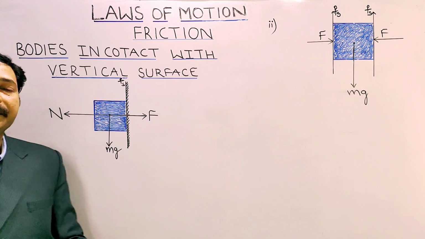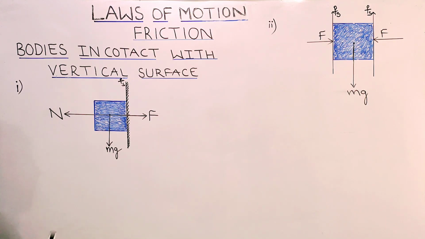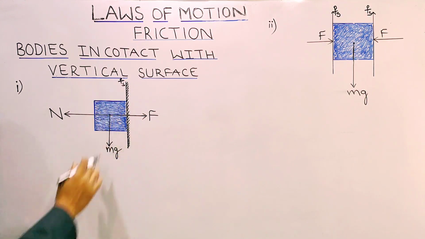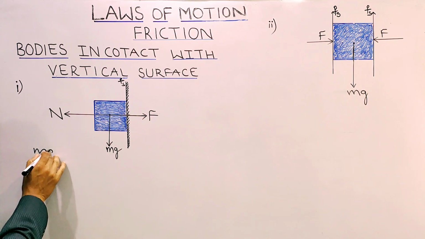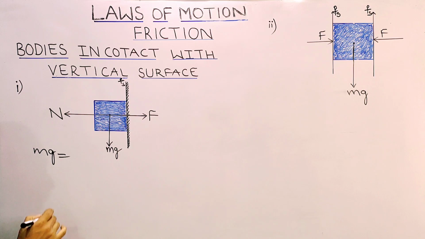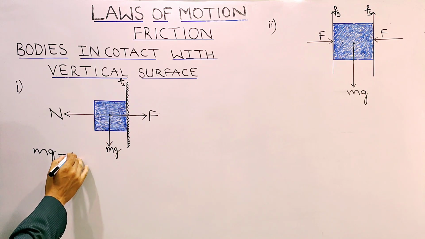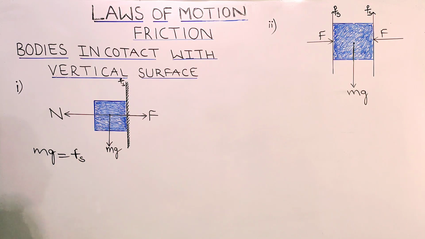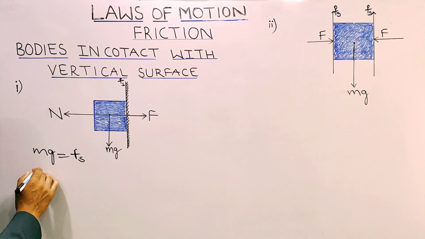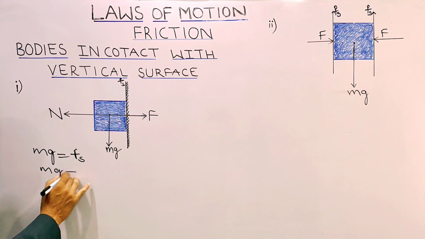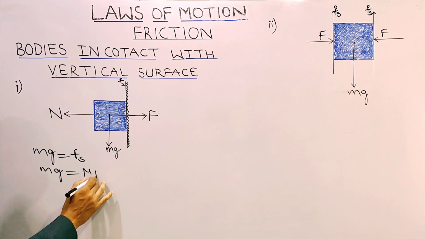The downward force equals the upward force, so mg equals the frictional force Fs. The static frictional force Fs equals mu s N, so mg equals mu s N.